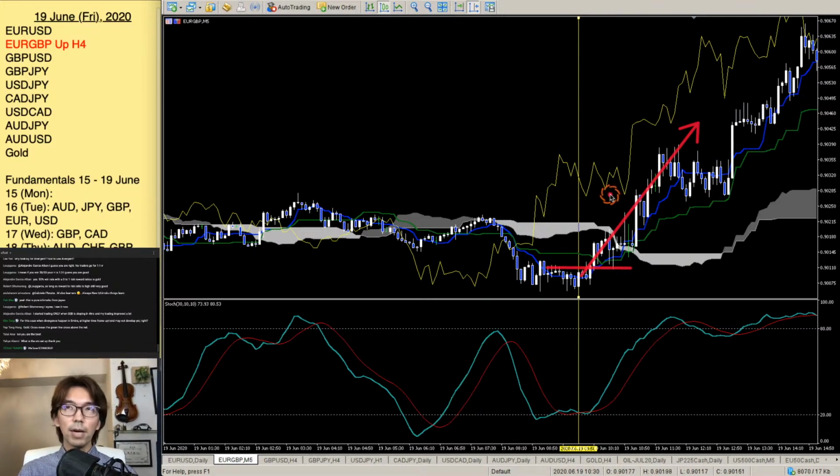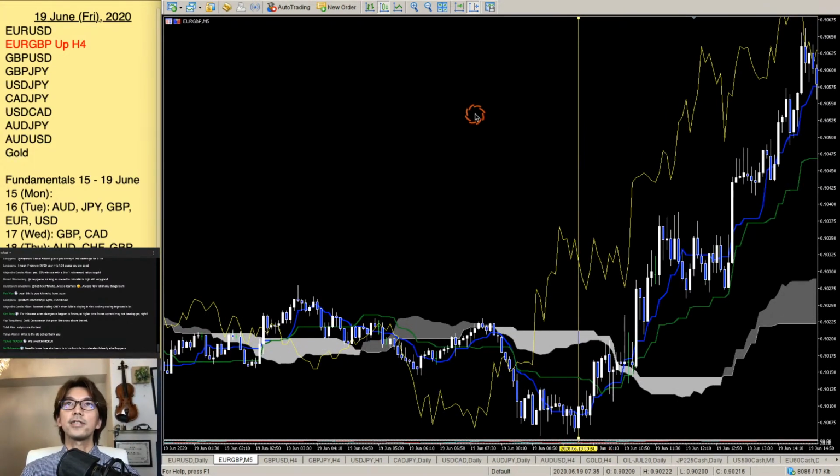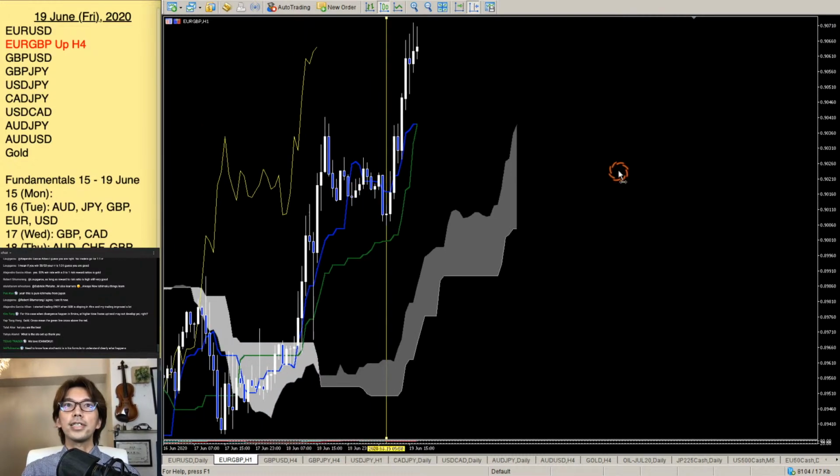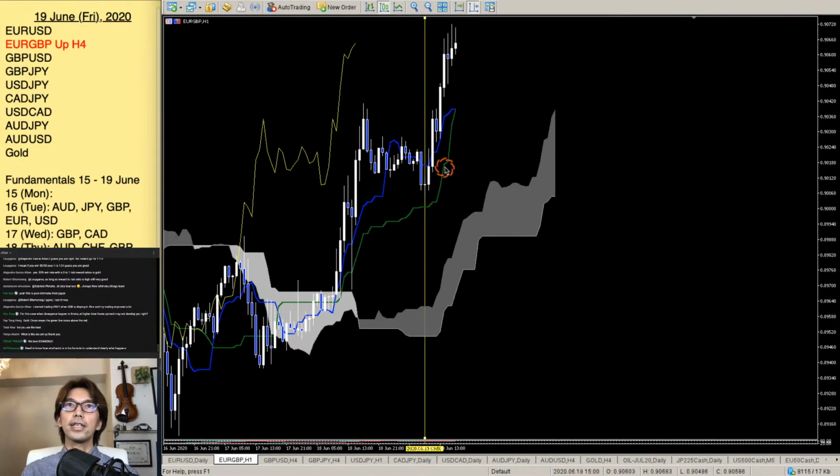So that's somewhere that I will be taking trades as a trading edge. And if you look at the 1 hour chart, the Kijun Sen and Tenkan Sen were actually slightly moving up or horizontal, and the Kumo was, I think, horizontal at that time too.